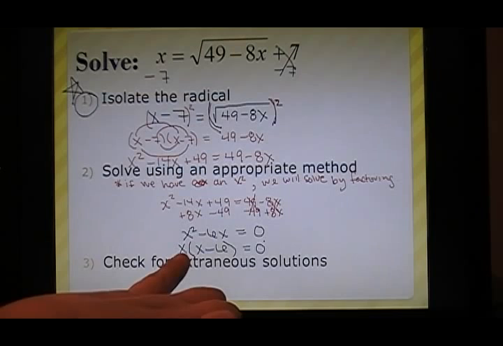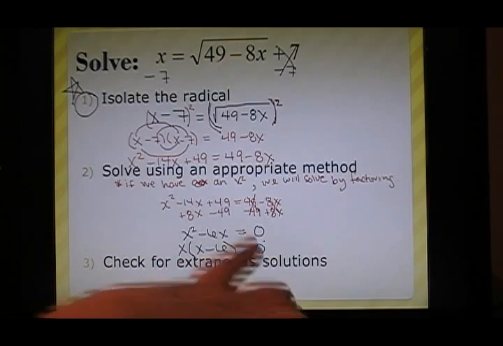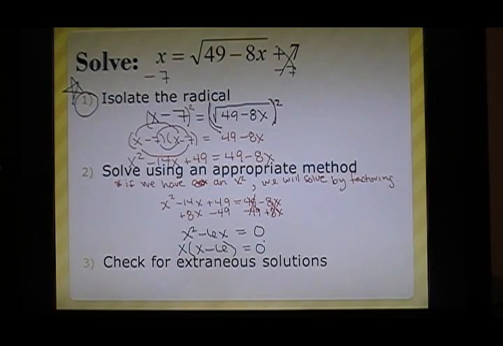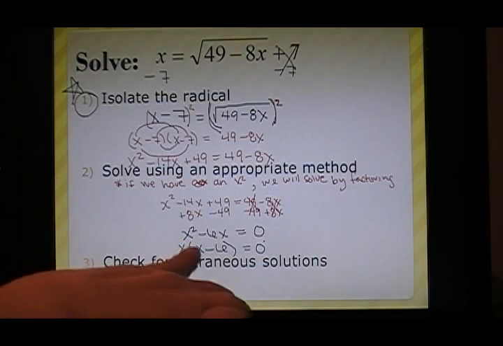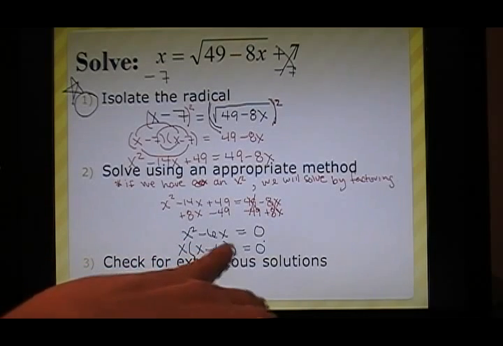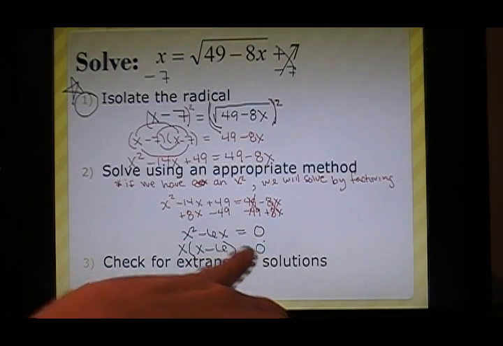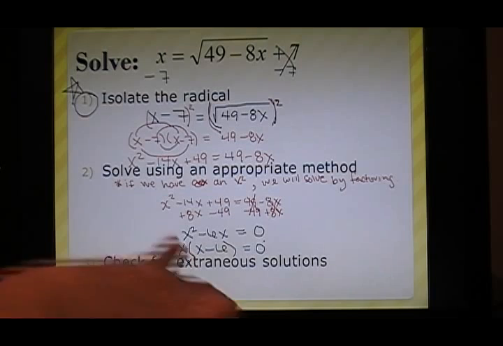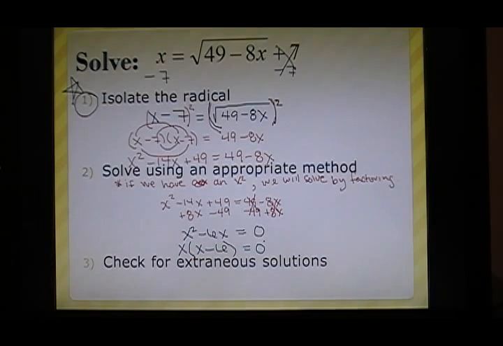We have this times this equals 0. And the only way we can multiply and get 0 as a product is if we multiply by 0. So our solutions are the numbers that would make either factor equal 0.